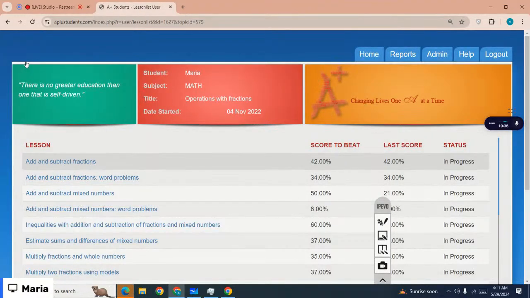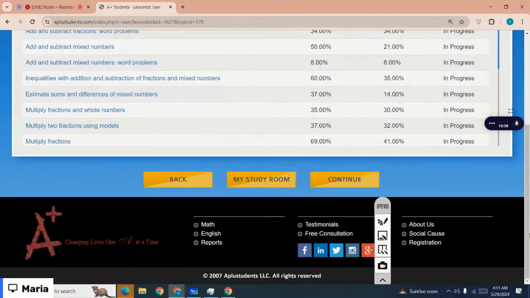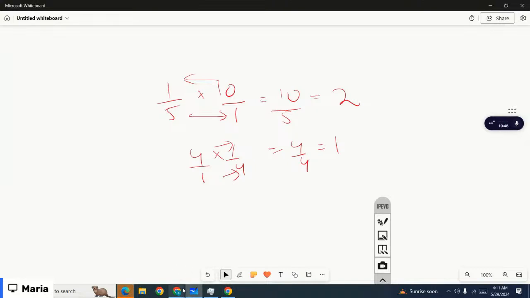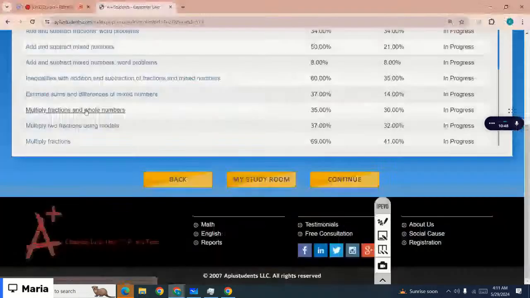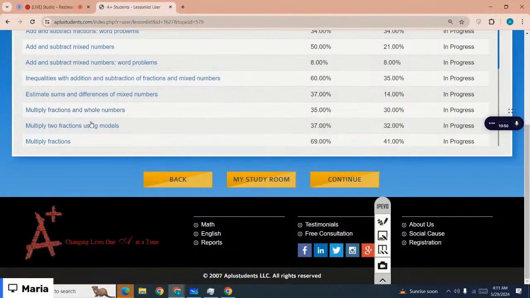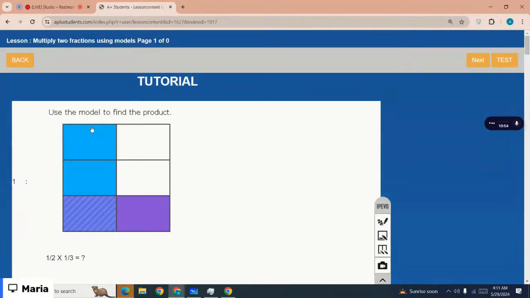The next lesson is multiply fractions using models. Okay, use the model to find the product.